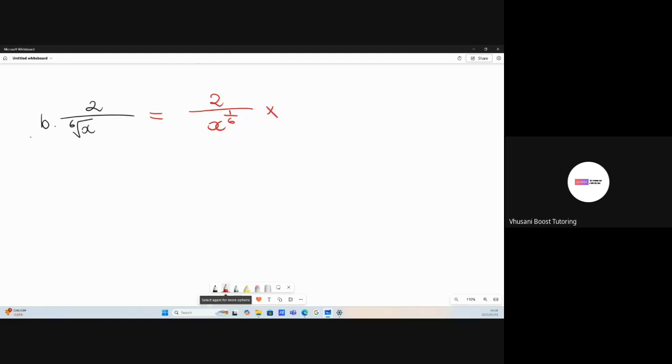I have to multiply this by x to the power of 5 over 6. The reason I'm doing that is because when we add these two together, they need to add to a positive 1. Are you guys with me on that? The reason why it's 5/6 instead of 1/6 is that I need to add the exponents and make it a 1 in order to get rid of this 6th root. So just put a thumbs up if you understand this.